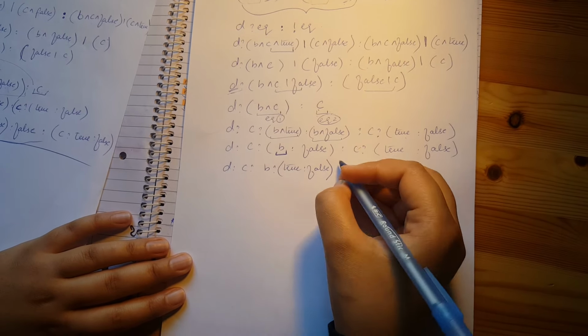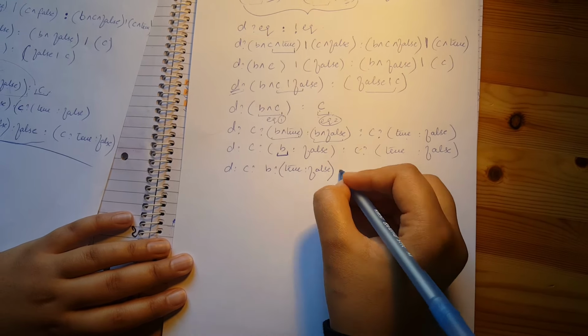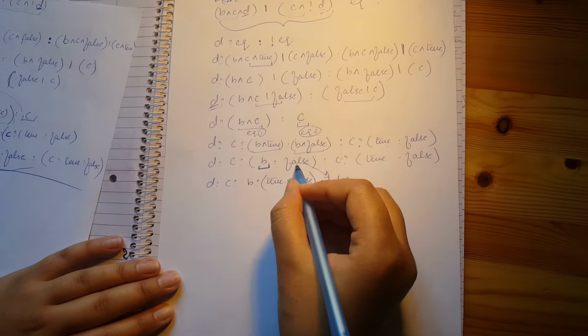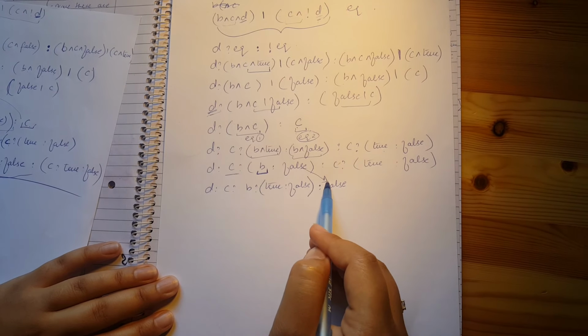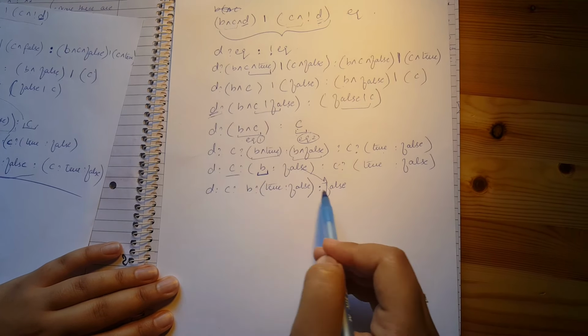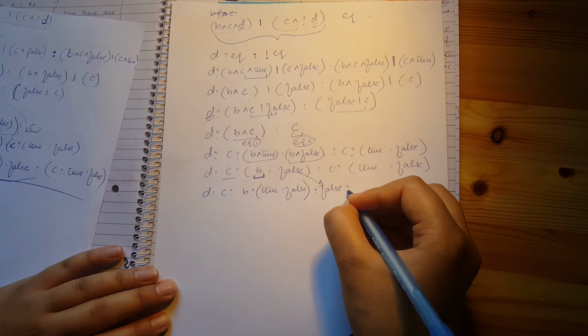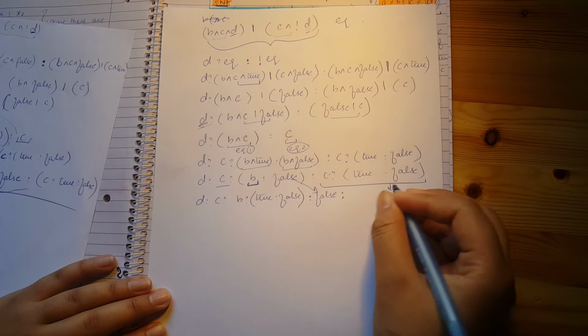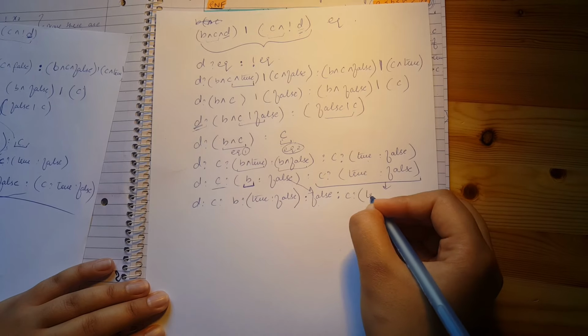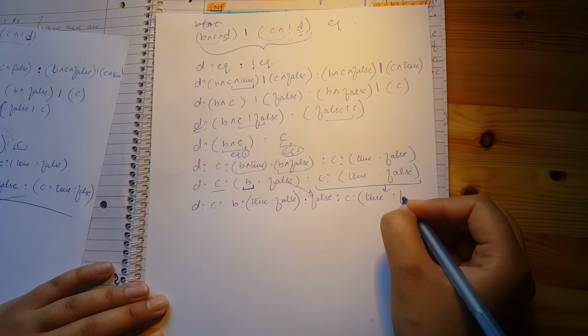This is B. This false comes as it is, false, and this false was of C, so it will come this way, false for C, and then this equation as it is, true, false.